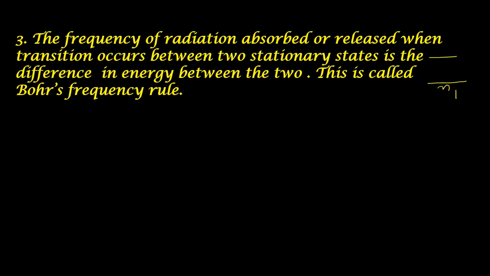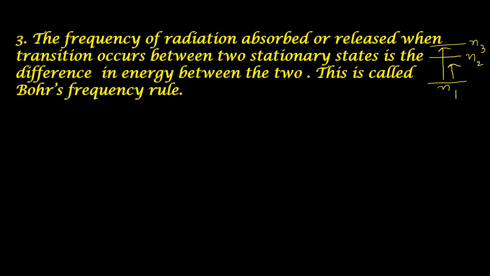By absorbing discrete frequencies of energy or radiation, it can get transported to N2 or N3 or N4, etc. The absorbed frequency will be emitted when it gets transferred from higher energy level to lower energy level.